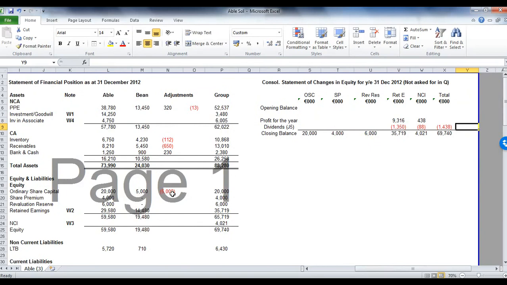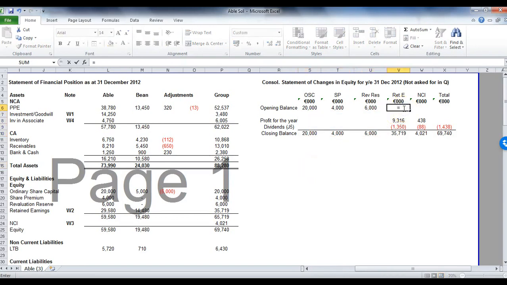So you see you're really feeding off what you've done already. So it's a nice requirement that comes up, but a lot of students are weak in it. And then we just really back into what we think the opening balance is. So here, the ordinary share capital, no movement, so the opening balance must be 20. It's same for the other two, the opening group balances haven't changed, so they must have been the same as the closing.